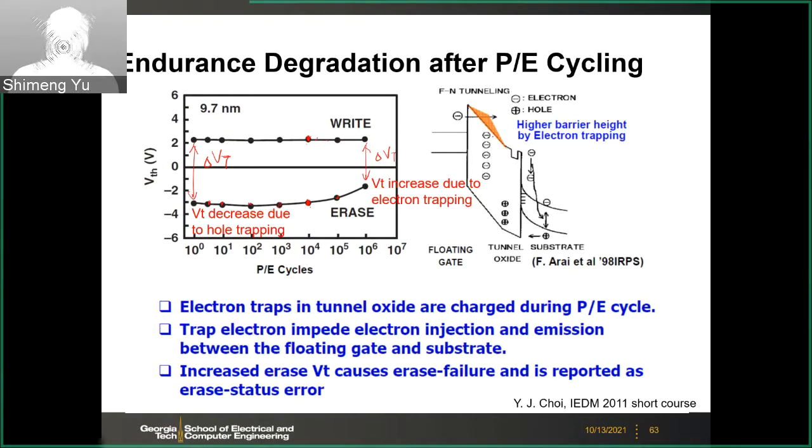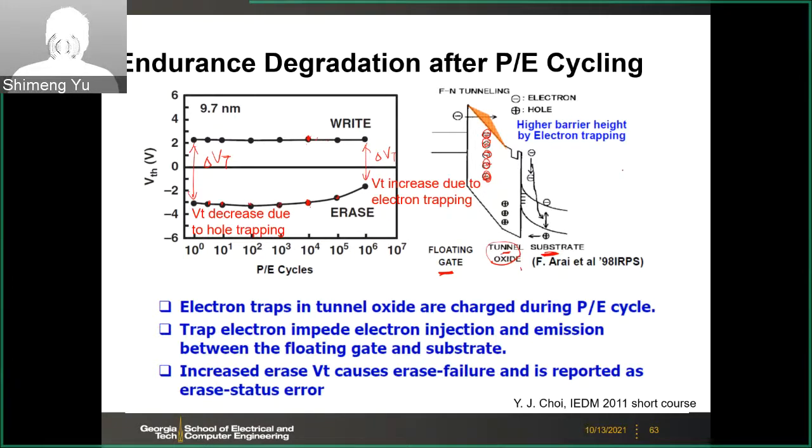And the electrons may be trapped in this tunnel oxide. This is the silicon substrate, and the other side is the floating gate, and in the middle you have the tunnel oxide. The electrons go in and out, but somehow the electrons may get trapped in the tunnel oxide. If electrons get trapped, then the VTH will increase.